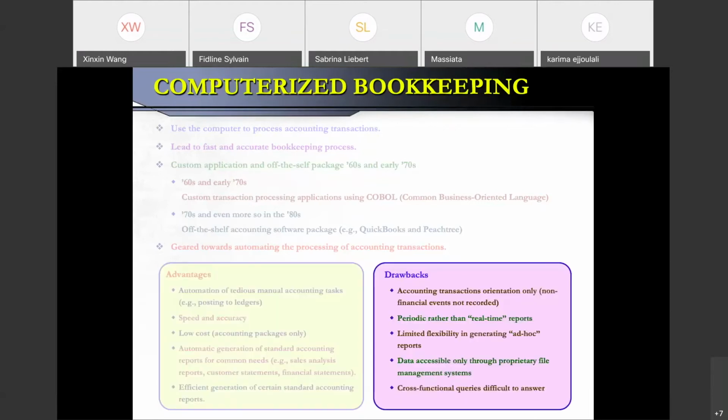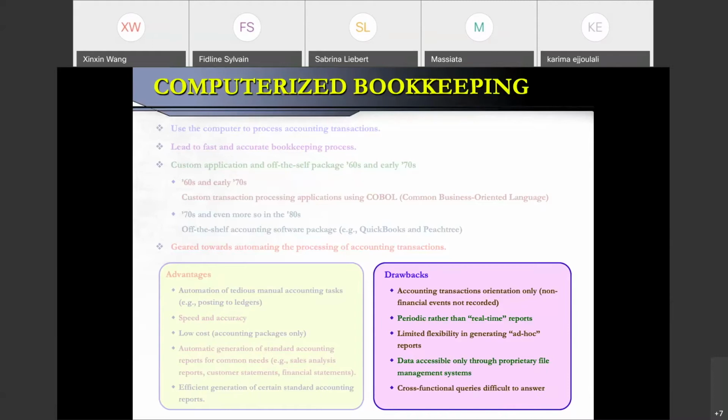So what are the drawbacks of traditional accounting? It's transaction oriented only, a lack of real-time reporting, a lack of flexibility, and the data accessibility is very low, and cross-functional queries are very difficult to answer.